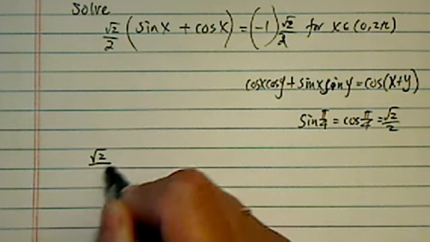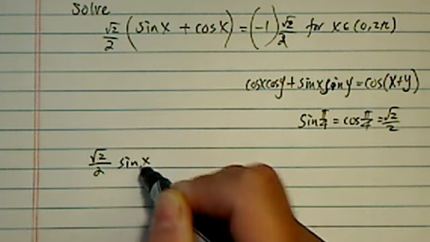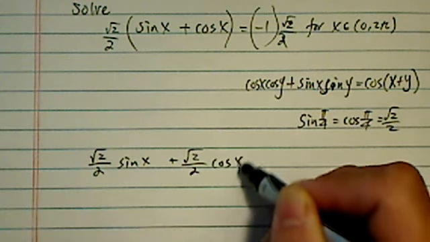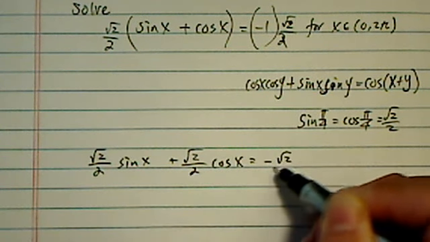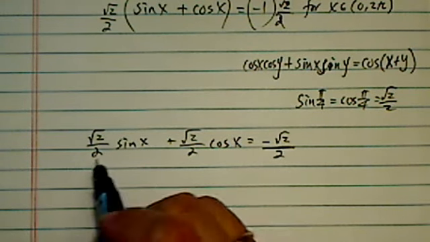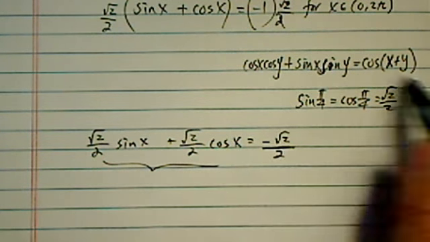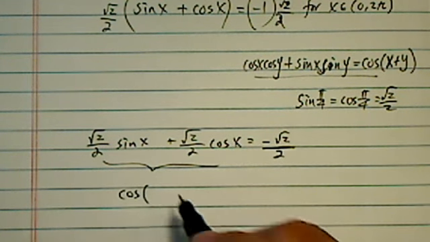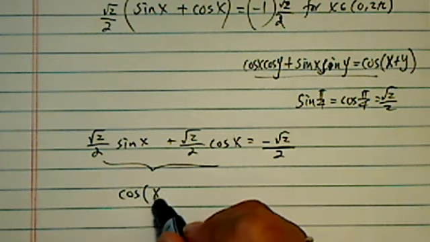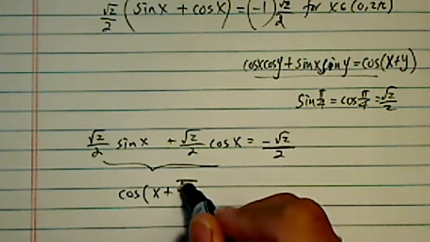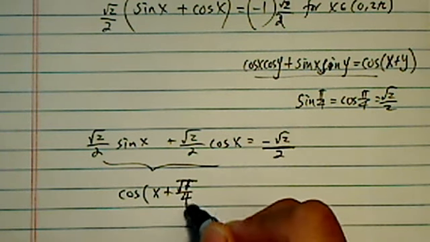So we have radical 2 over 2 sine of x plus radical 2 over 2 cosine of x is equal to minus radical 2 over 2. I know, it's totally unfair. Now on this side, as we said earlier, we can use this formula. We end up with the sine of x plus pi over 4.